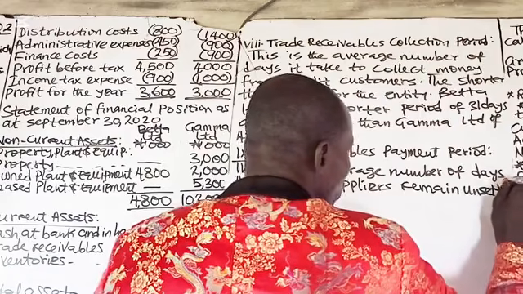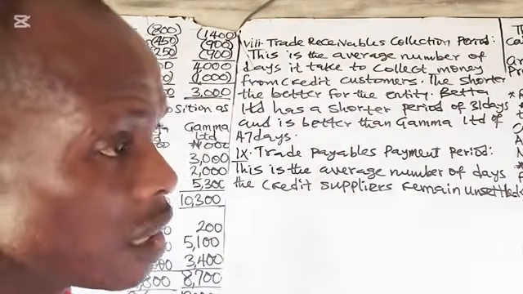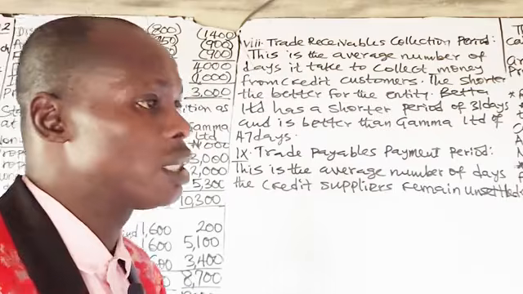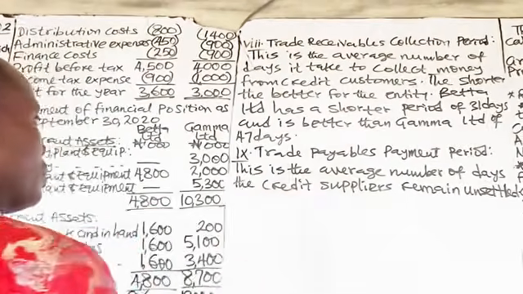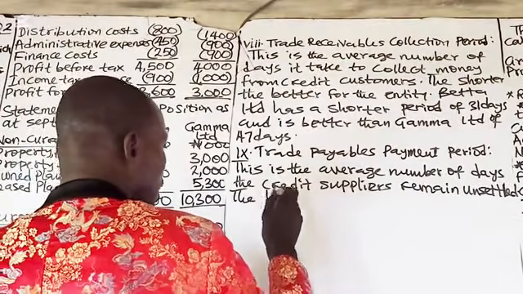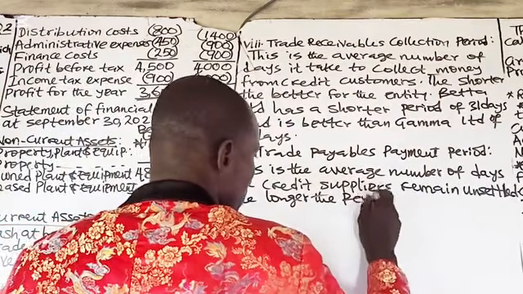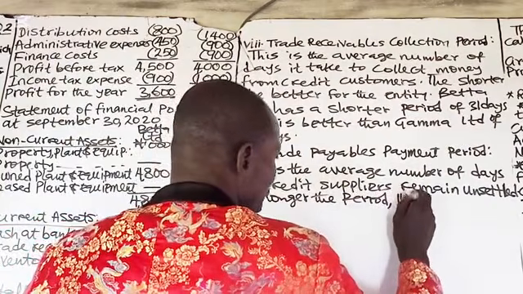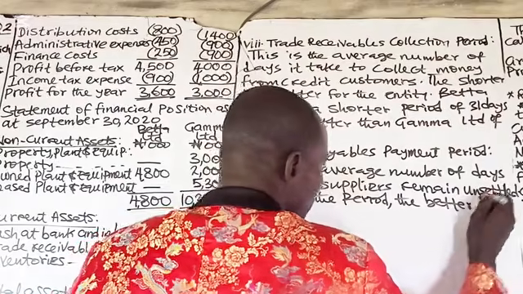So it shows how long it takes the entity to settle their credit suppliers. The longer the period, the better for the entity.